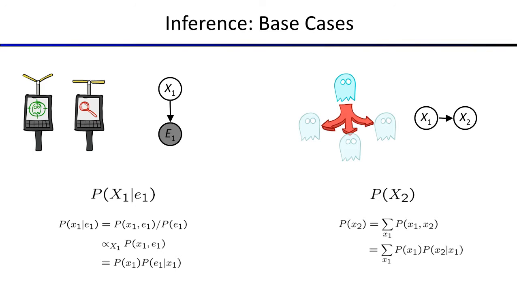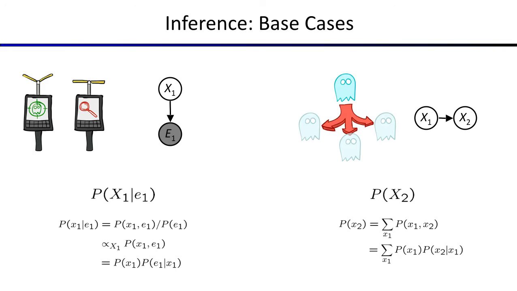This thing that we've divided through by, this marginal probability of e1, is some kind of constant term that doesn't actually depend on x. We could either compute it explicitly, which would be a pain and require some work, or we can just say there's some constant. I know that at the end of the day, I'm going to have to divide through by that constant in order to get a proper probability distribution over values of x1.